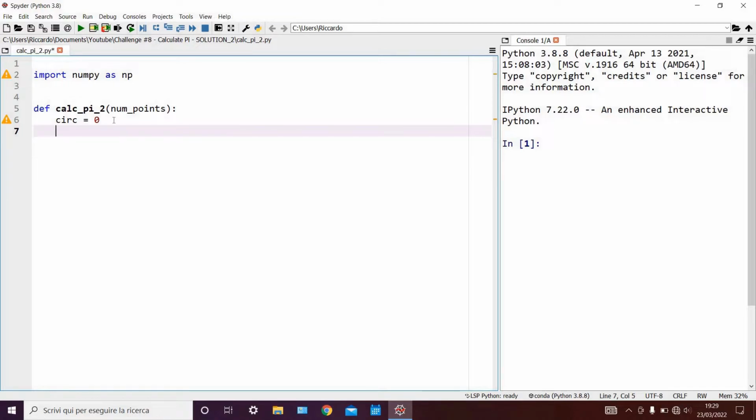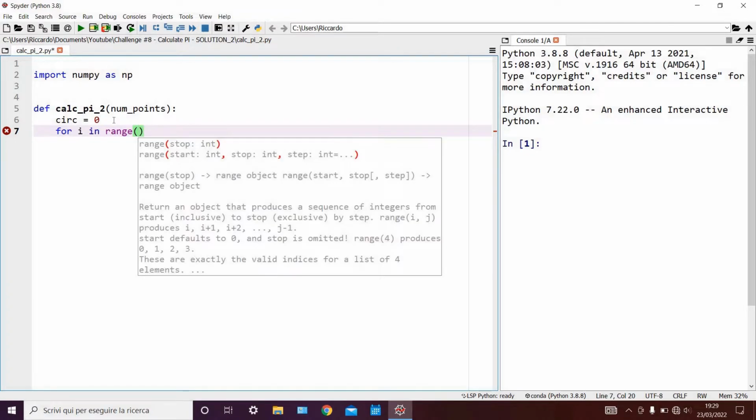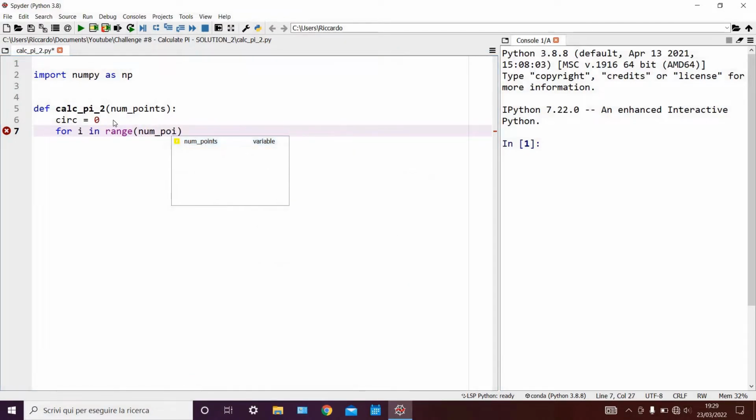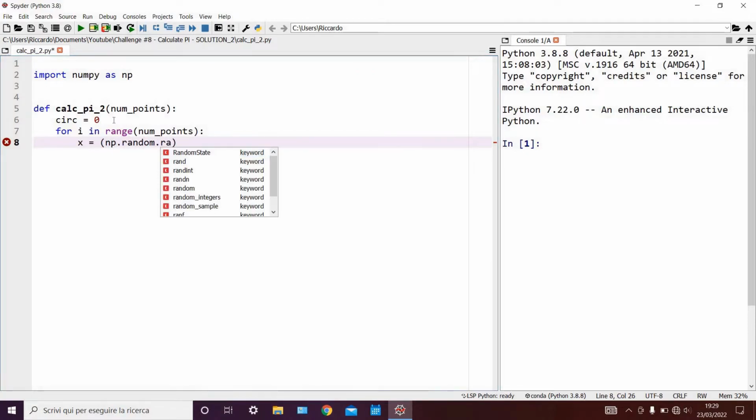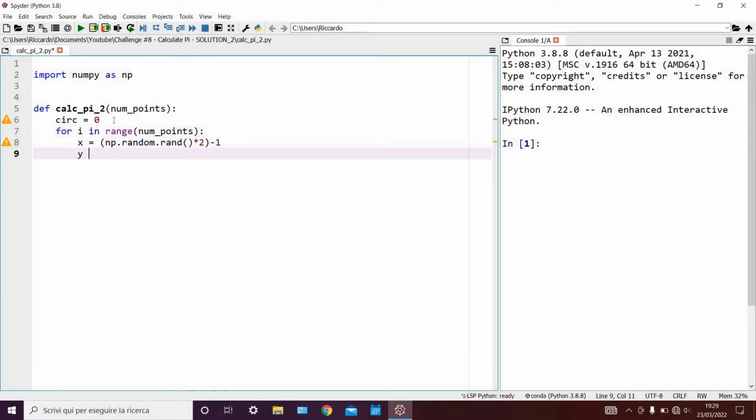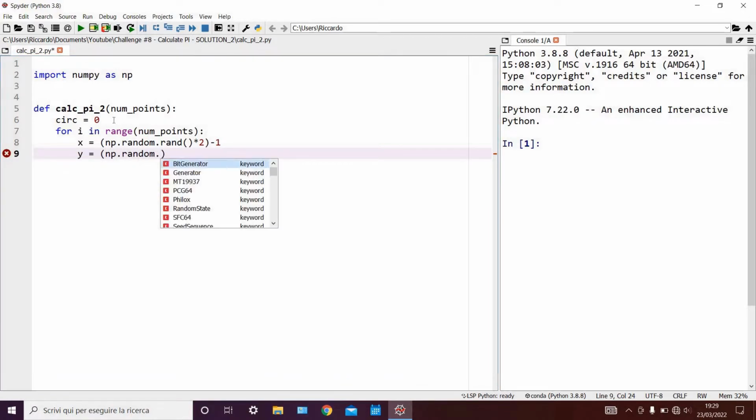We can do this by saying for i in range num_points, and then we can say x equals np.random.rand times 2 minus 1, and the same thing for y: np.random.rand times 2 minus 1.